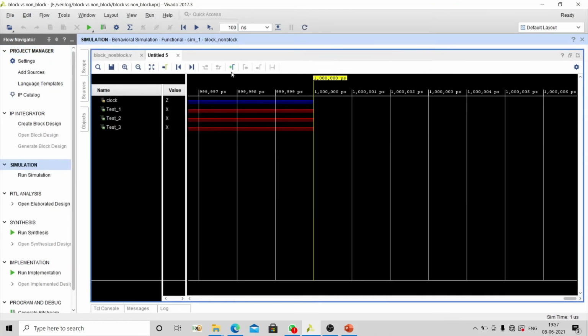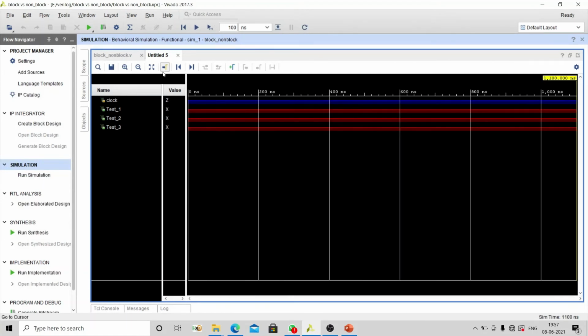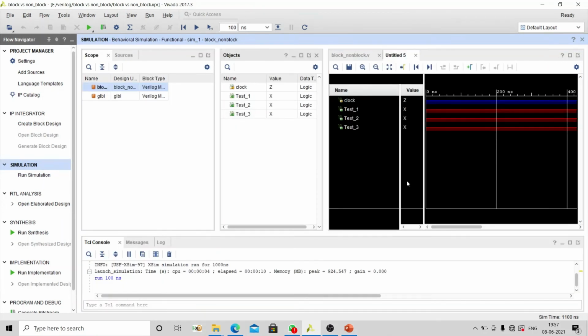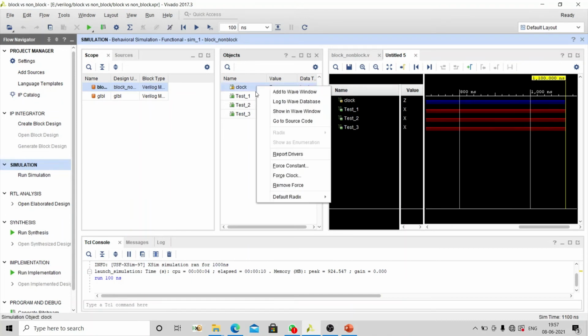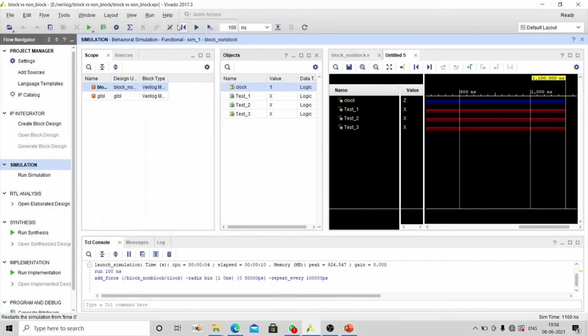Okay, let's see now. So I'm running for the first clock cycle. Oh, I'm sorry, I need to force the clock. So let's force the clock. Here again my time period is 100 nanoseconds.